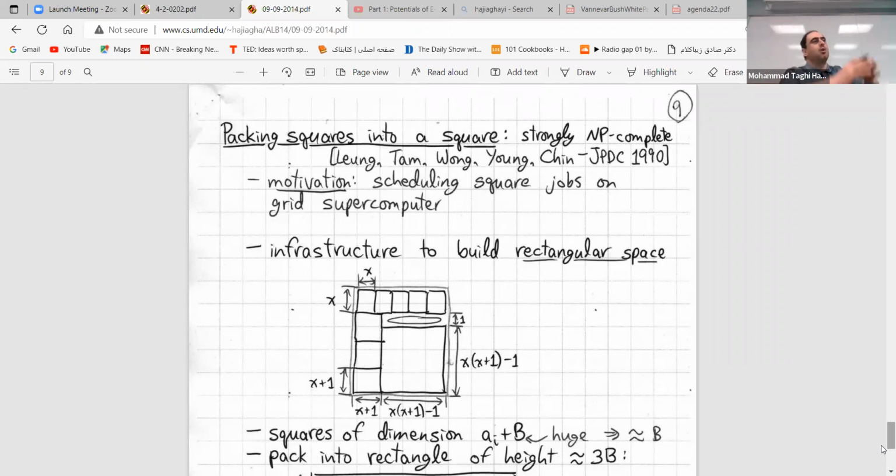Again, the whole thing can be a square or it can be a rectangle. But here we can even solve it for the case where, given squares, we pack them into a square. Again, the more special the cases in which we can show the problem is hard, the better. So this is the problem, and this is the paper.